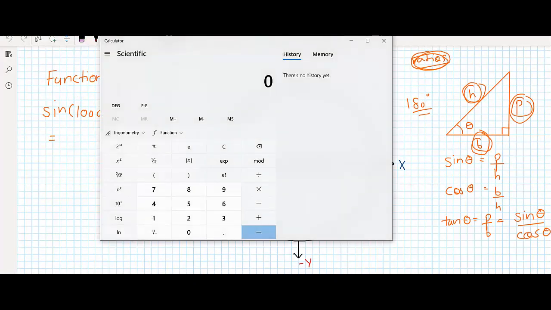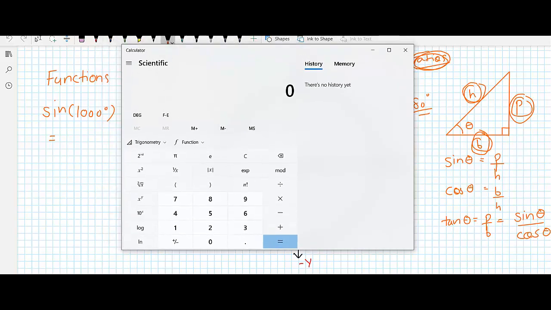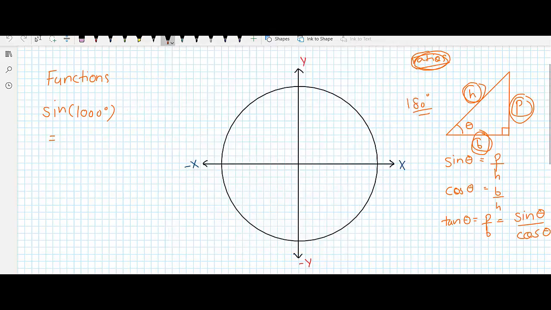Okay, so I have just pulled up my scientific calculator here, and it is set to degrees, okay. So let me enter 1000 degrees and let me take the sine of this angle, okay, and you can see it gives me a value of minus 0.98. So there's obviously something else going on right here.